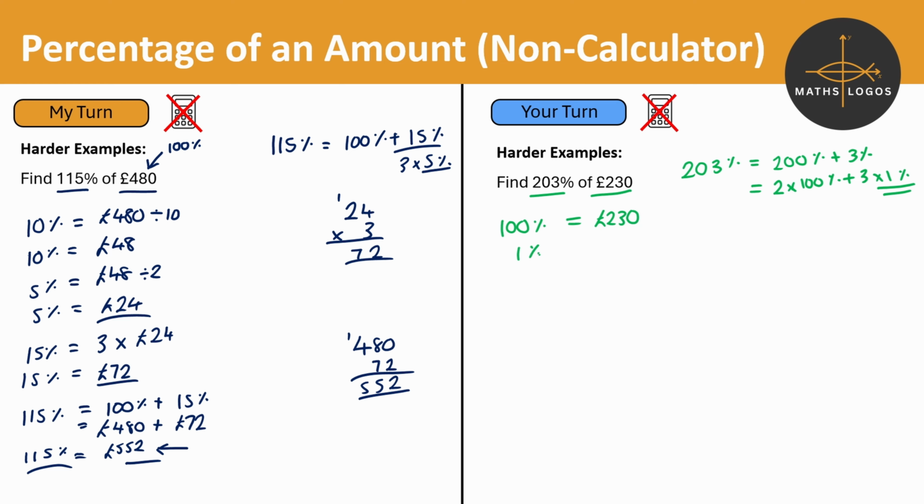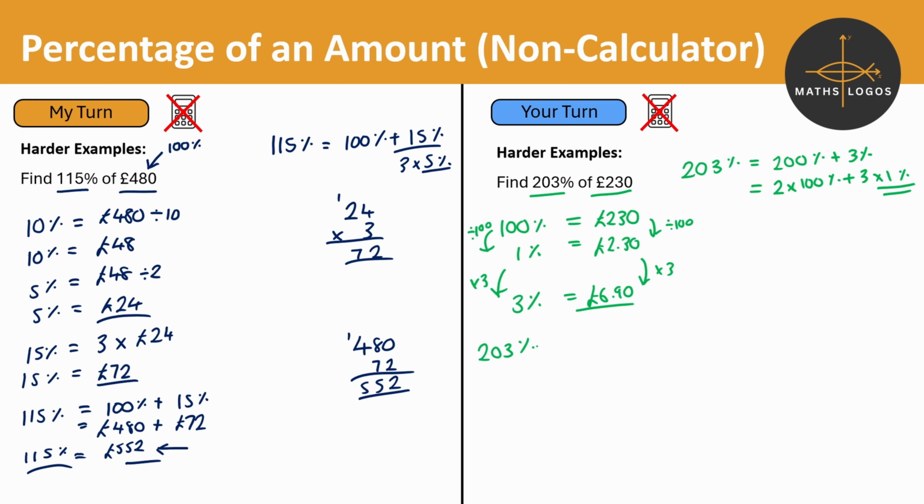And remember, to get 1%, we always divide by 100. So we'll divide 230 by 100 to give us £2.30. And we want to get 3%, so we want to multiply that by 3. And that should have given you £6.90.